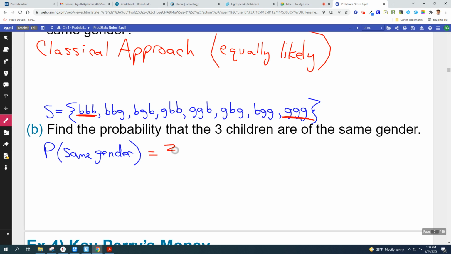I see 2 of those over 8 total. 2/8, of course, reduces to 1/4. I think that's a better answer. If you want that as a decimal, you can say that's 0.25. Out of these 3, they're all right. I think probably 1/4 is the best of the 3, but they're all the same. They're all equal. So I think any of them could be right.